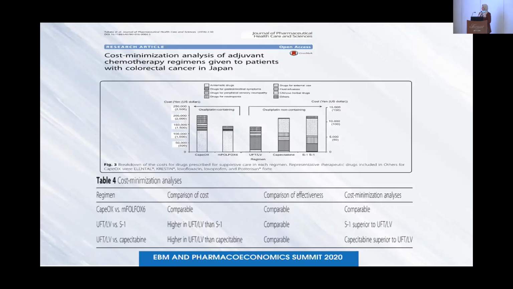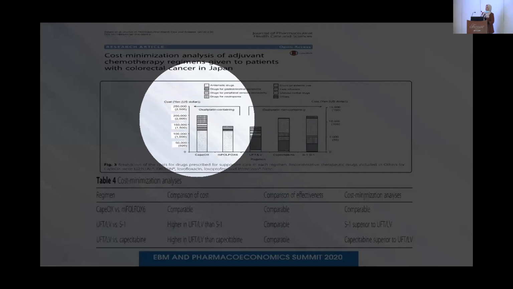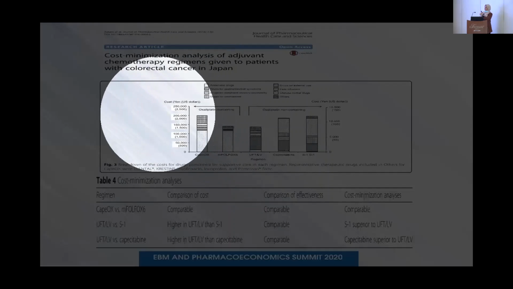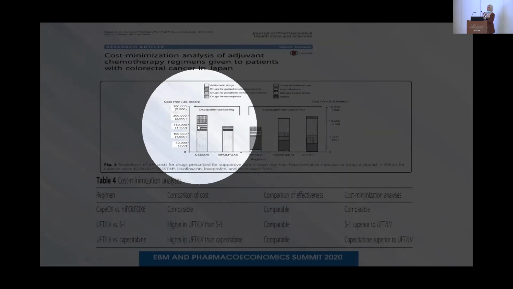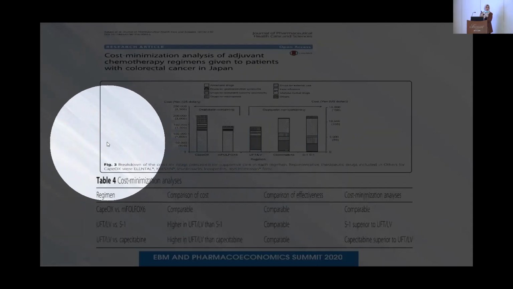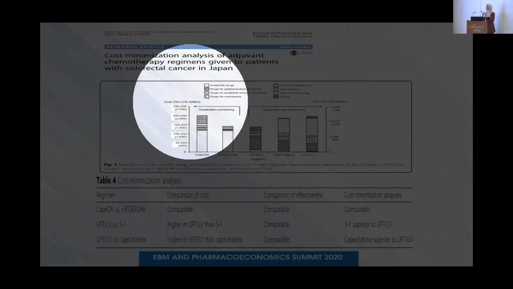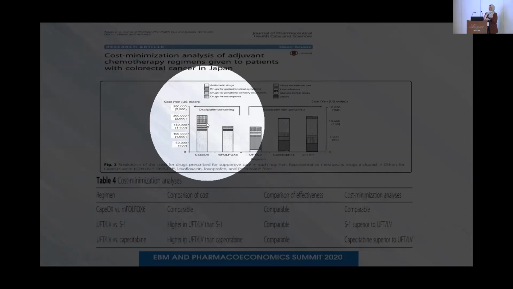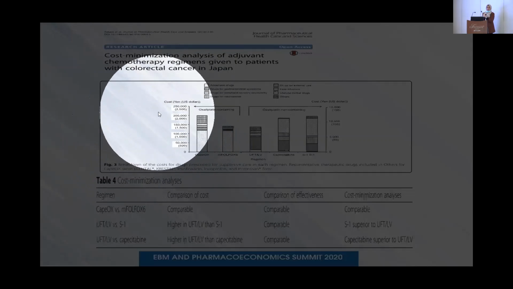Here is another example, talking again about chemotherapy regimens in Japan. I like to pick this example because, as you see, they divided the interventions based on effectiveness. They separated the regimens according to the inclusion of a certain drug, oxaliplatin, and they assumed that the presence of this drug would affect the effectiveness of these regimens.